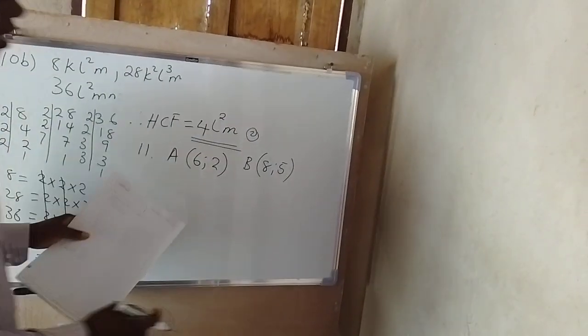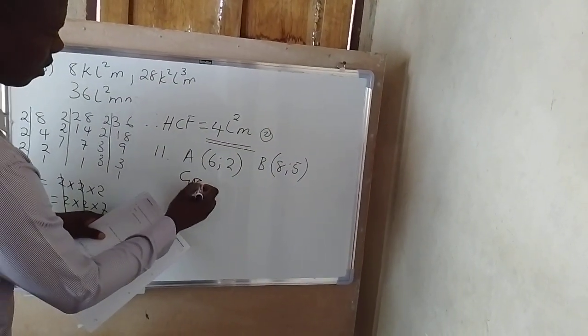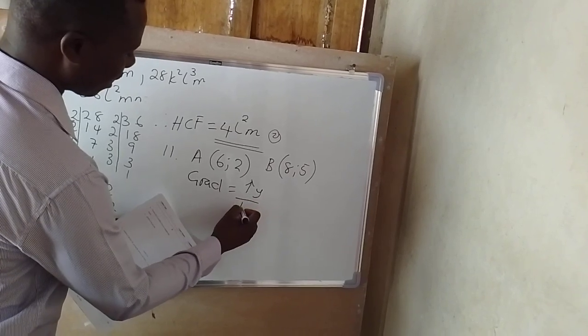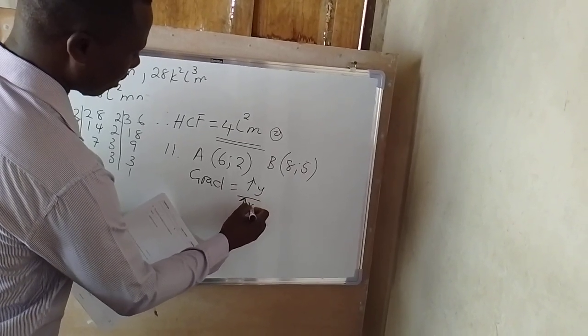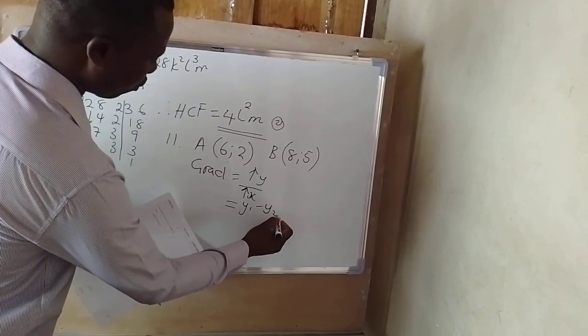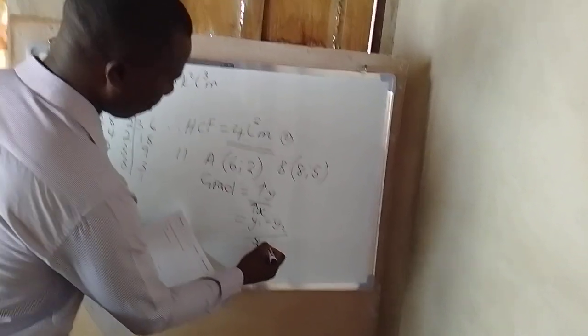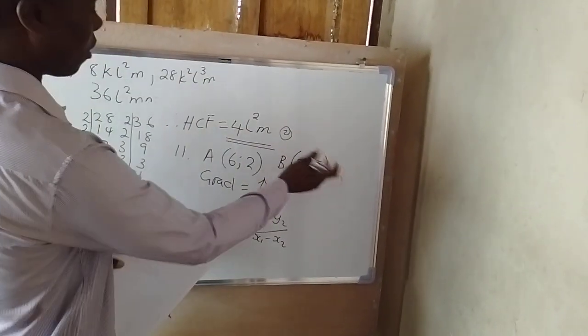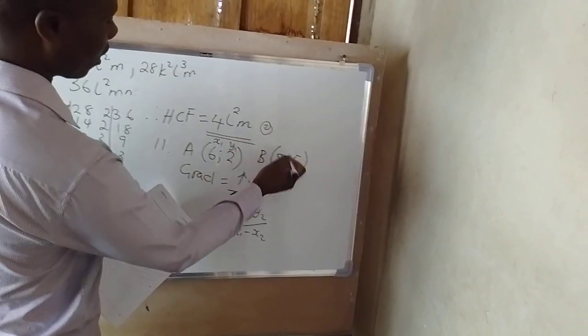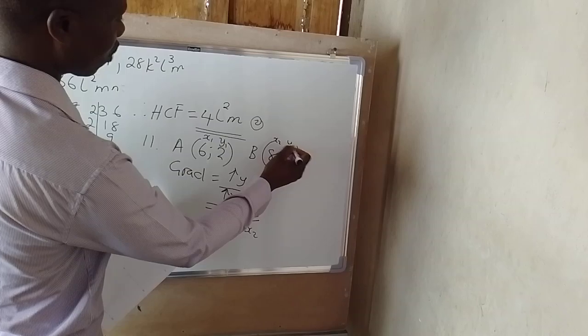Now, gradient is equal to increase in y over increase in x. This is translated to y1 minus y2 over x1 minus x2. So simply label our coordinates. Maybe let's say this is x1, this is y1, this is x2, and this is y2.